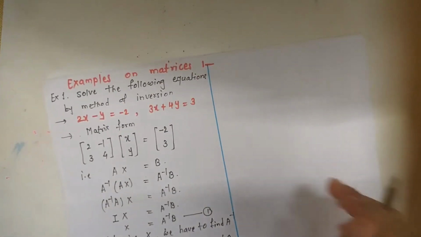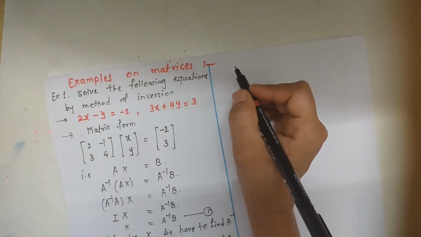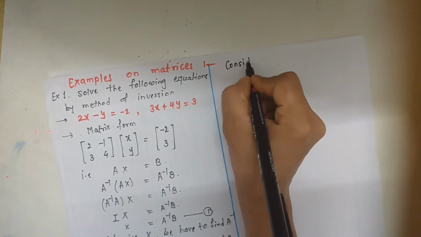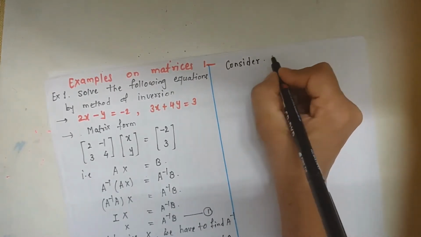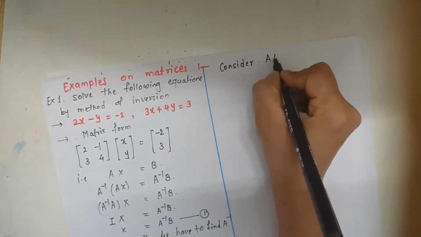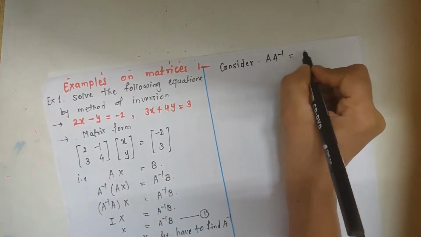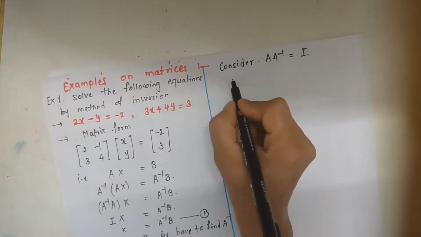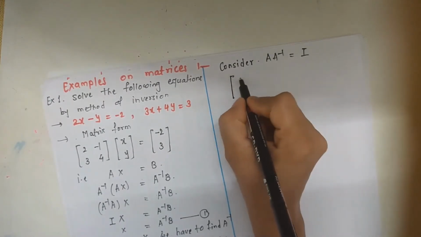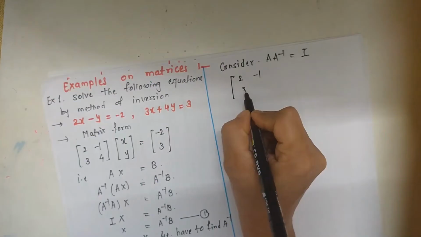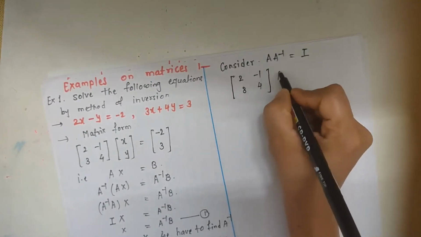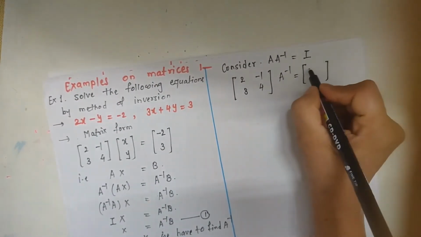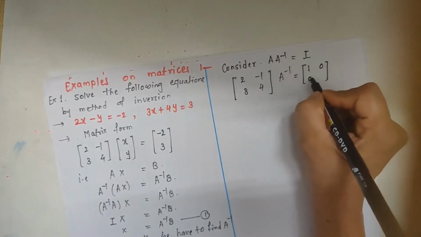And now find the value of A inverse using the equation. For finding the inverse, consider the equation A into A inverse is equal to the identity matrix I. Now A is the given matrix with elements 2, minus 1, 3, 4 into A inverse is equal to the identity matrix of order 2, 1, 0, 0, 1.